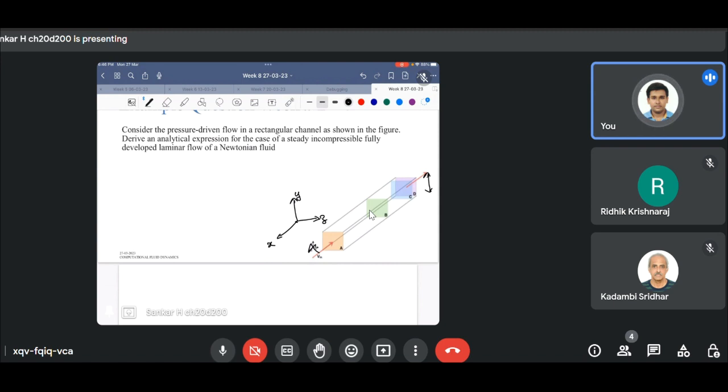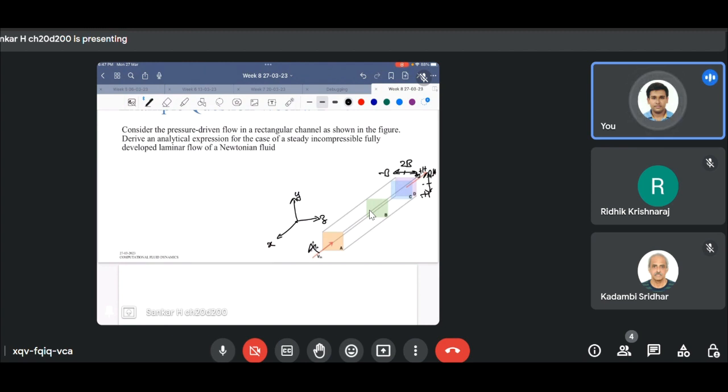Let us now define a length scale in the y direction as 2h, such that the center divides it as plus h and minus h over here. Similarly, let us give a characteristic dimension in the z coordinate as 2b, which again the center of the flow divides into plus b and minus b.